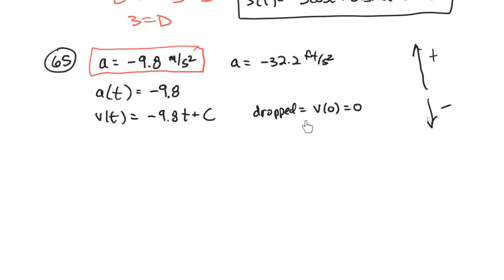But when it's dropped, it's like you're holding a stone, and the instant you let it go, you're not throwing it, you're just dropping it. For that brief moment in time, the velocity is 0 meters per second. So we can use this. We know the velocity at time 0 is 0. So if I use that in red here, when time is 0, velocity is 0.